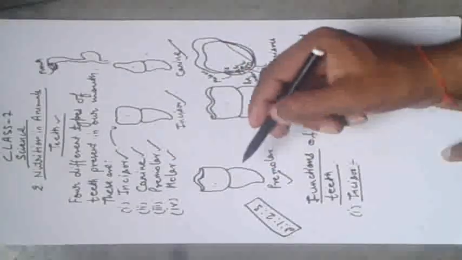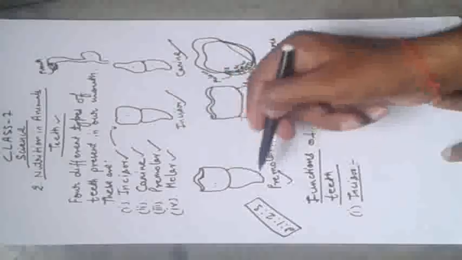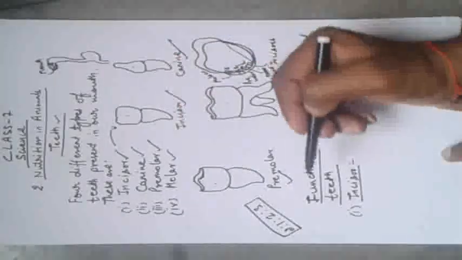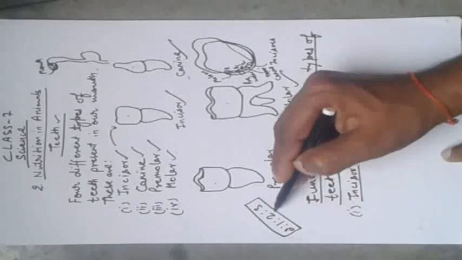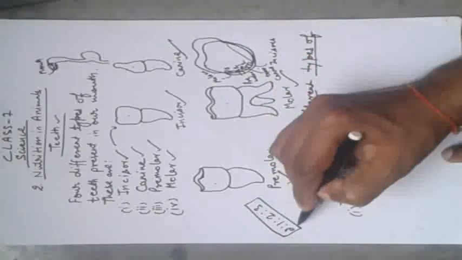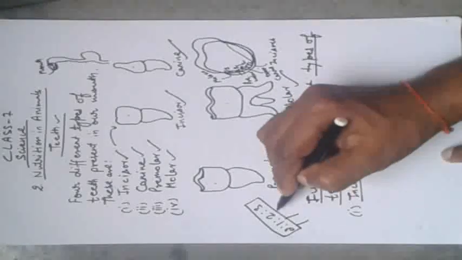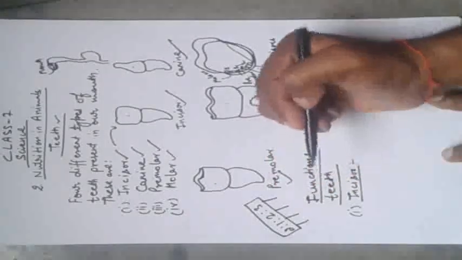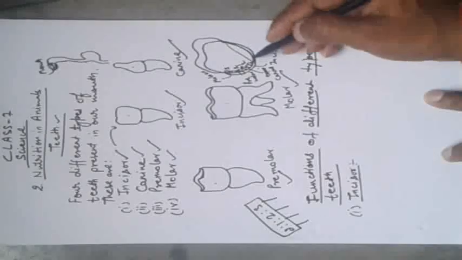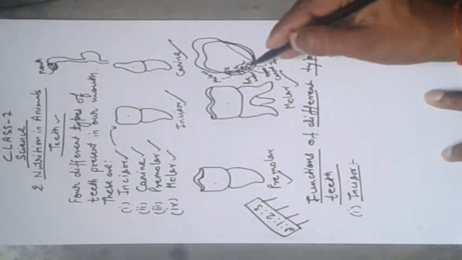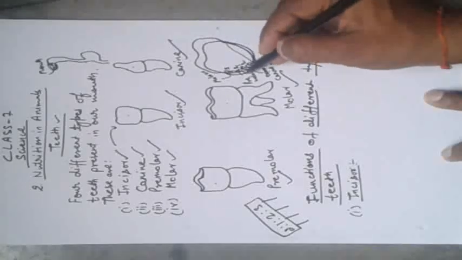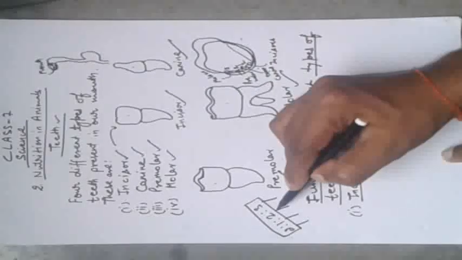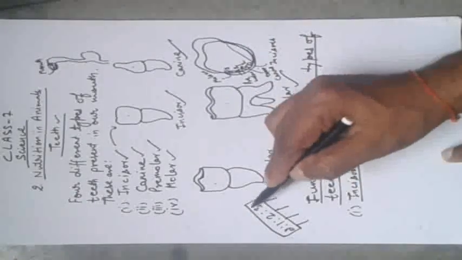How many teeth are available in our mouth? These are available in 2:1:2:3 ratio: incisor, canine, premolar and molars. In front of our mouth there are two incisors, next to them canines, then two premolars, and last three molars.